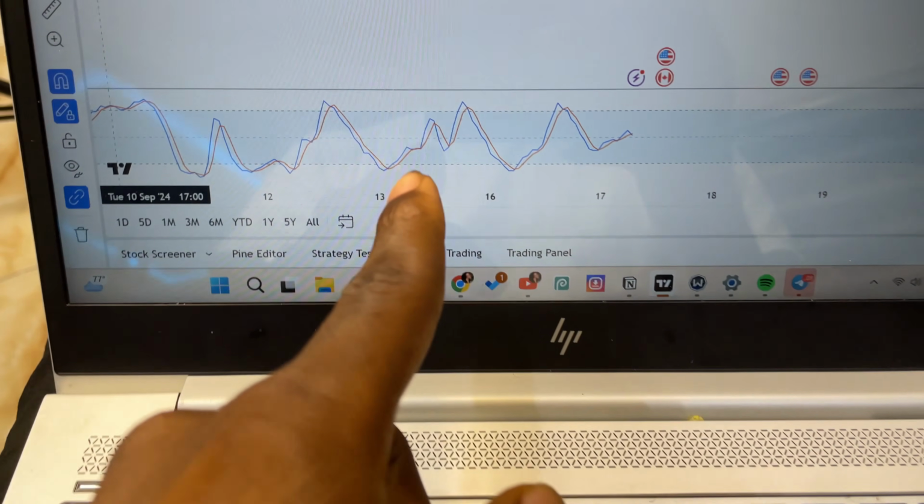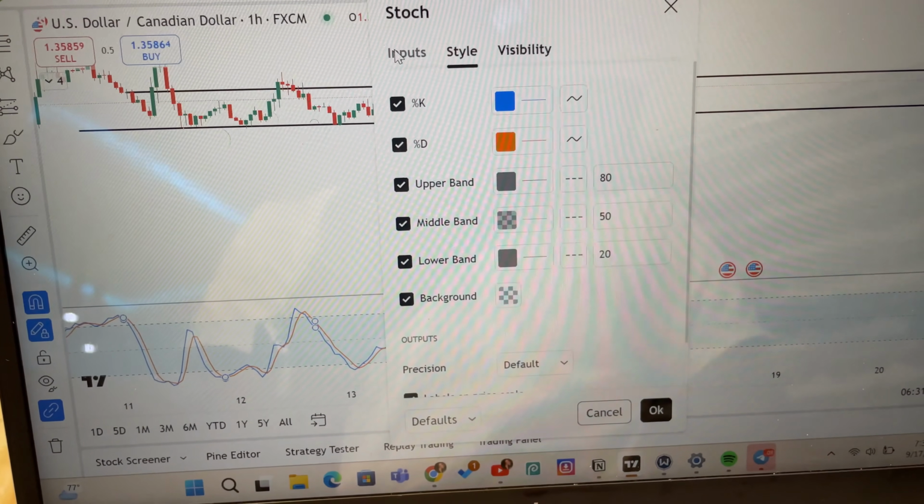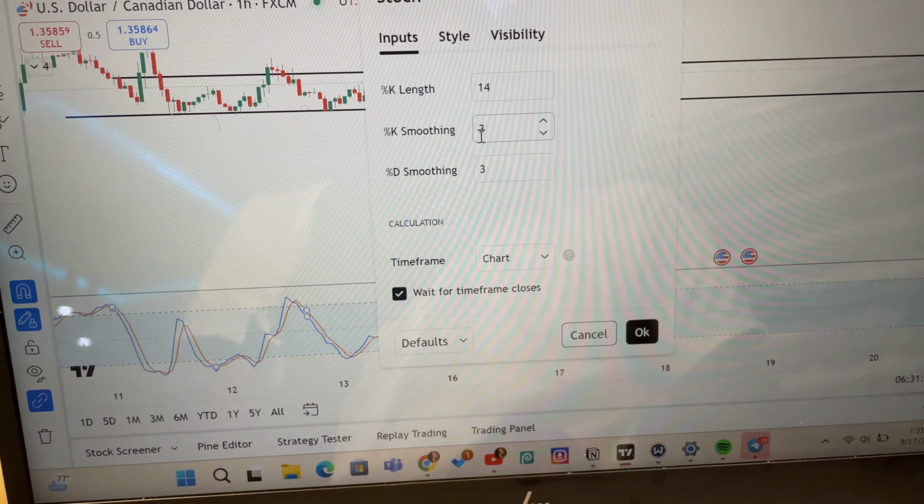Now the next one is finding the perfect time to trade. And for us to do that, we're going to be using this indicator. Let me show you. Stochastics. The stochastic that we're using right here is the 14, 3, 3. Now there are other indicators that do this, like the RSI, but I prefer the stochastic because it has two lines in it. So it really shows you when the market has caught a trend.